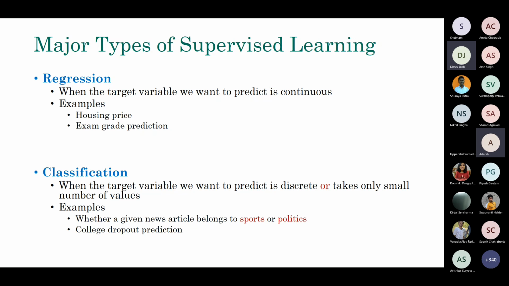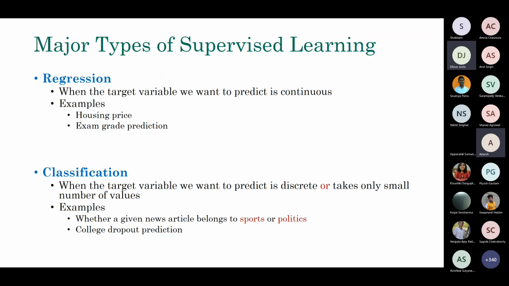In contrast, in classification, we have discrete, categorical values as the levels, and they are small in number compared to the number of possibilities in regression tasks.